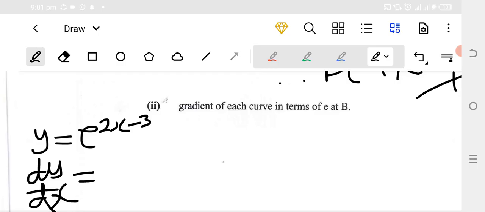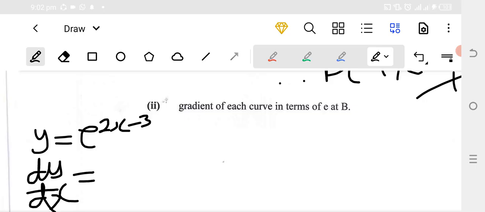If you remember very well, the derivative of e is e. The derivative of e is e itself. Okay?